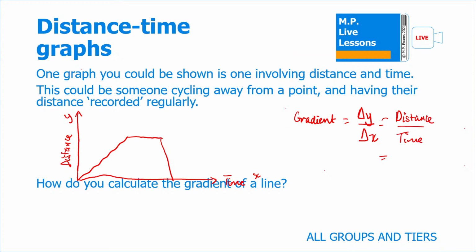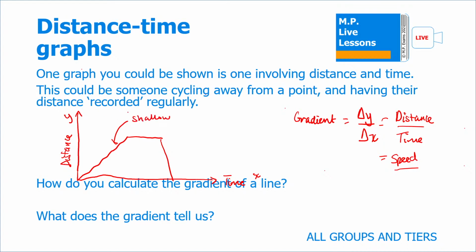So this gradient is your speed. For example, this has a shallow gradient. This tells us the cyclist is moving away at a lower speed.